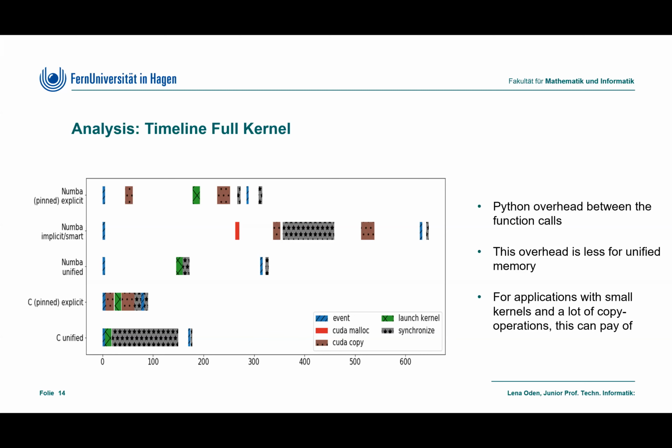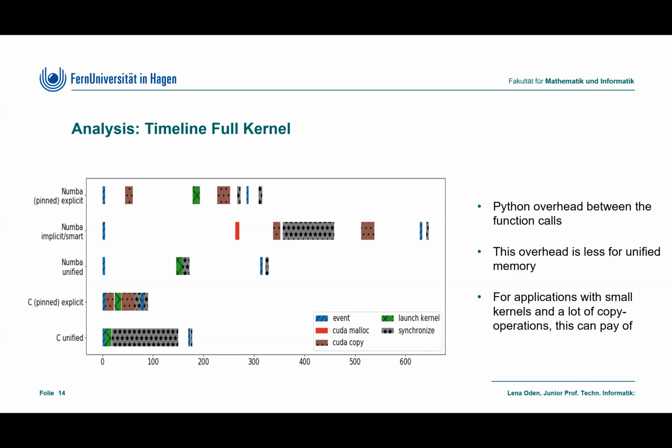And what you now see for the Python applications is that you have a lot of white space between the function calls. So there is not a lot happening here. In C and Python, the code looked exactly the same, but we have these long distances and long white spaces between my actual function calls. And this is the Python overhead.